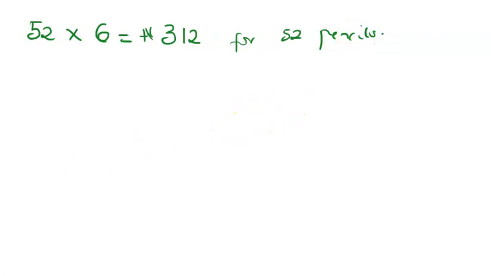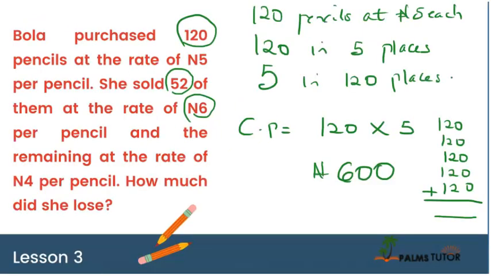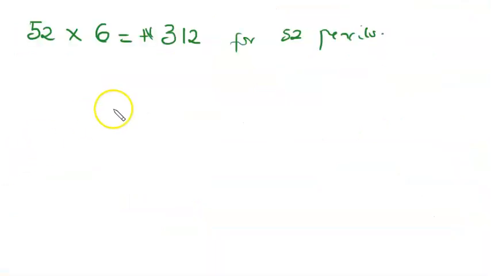Now, let's go back to the question. And the remaining. Now, we have to find out which one is the remaining. How many left would we have? There are 120 pencils. She has sold 52. How many left do we have? She sold the remaining at 4 naira per pencil. Now we want to know how much she lost. Let's first see how much she made from selling the remaining at 4 naira per pencil.